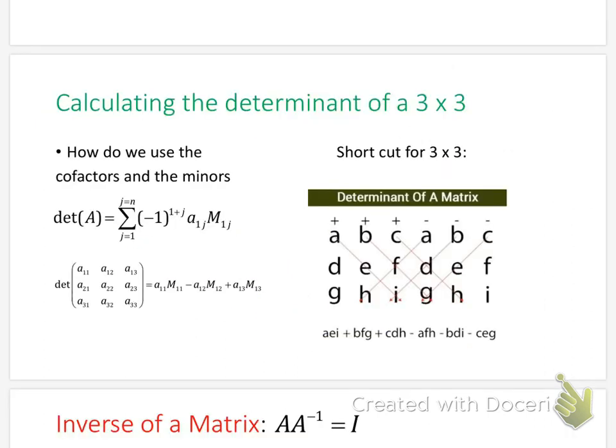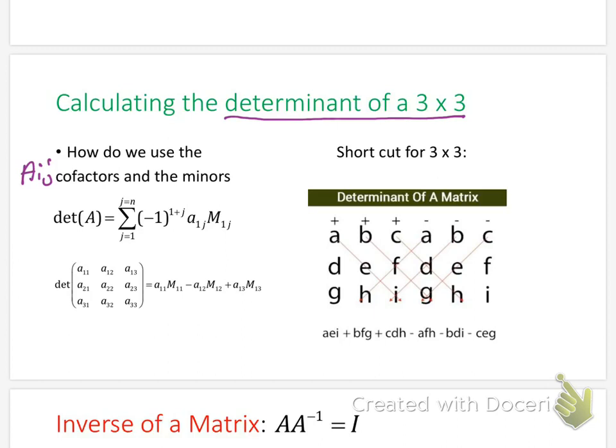Okay, so we want to calculate the determinant of a 3 by 3. And I am going to ask you to be able to do this. So you have two ways that you can do it. The first way uses cofactors, which are the aij's, and the minors. So this is our equation.